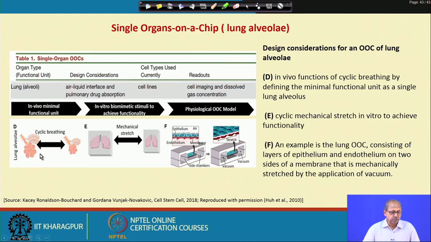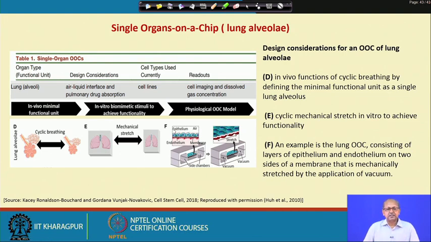This is a very beautiful model for lung on a chip, because the unit of lung is the alveolar sac. These are the alveolar sacs, means air sacs, surrounded by a basolateral membrane, then endothelial cells, means an endothelial network, and some extracellular matrix protein. This is the unit of your alveolar sac. What is the function of the alveolar sac?